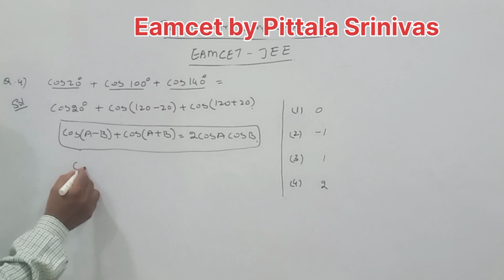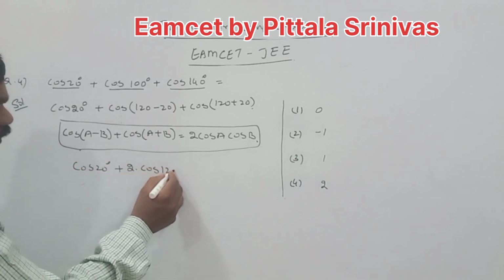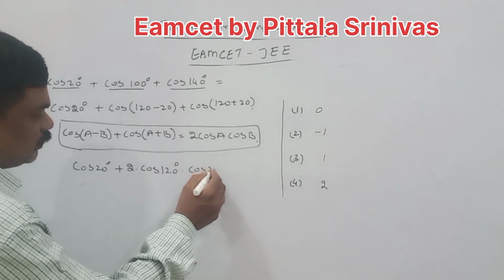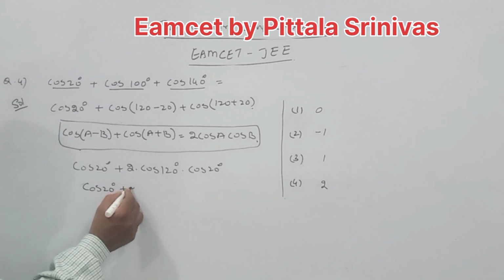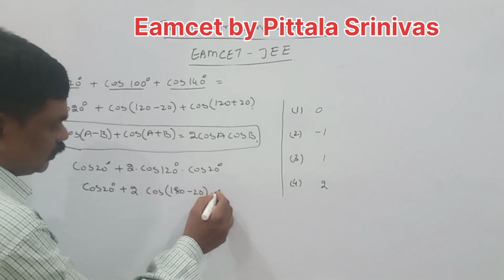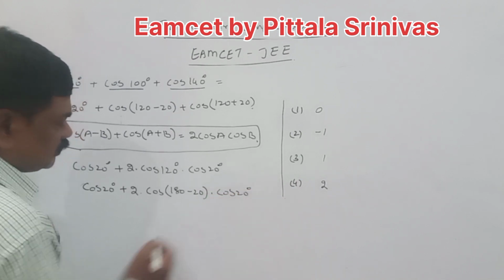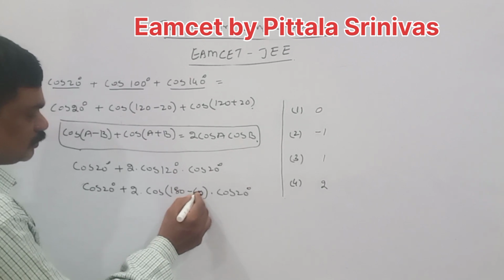Okay, all of you. So cos 20 degrees plus 2 into cos 120 degrees into cos 20 degrees. So cos 20 degrees plus 2 into cos (180 minus 60) into cos 20 degrees. Okay, all of you.